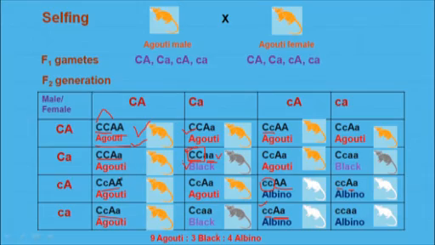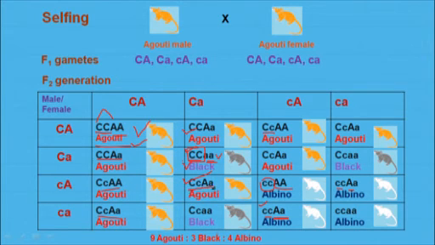Here you can see only capital C is present, it will give rise to a black colored mouse. But when capital A comes with capital C, it will give rise to an agouti colored mouse.